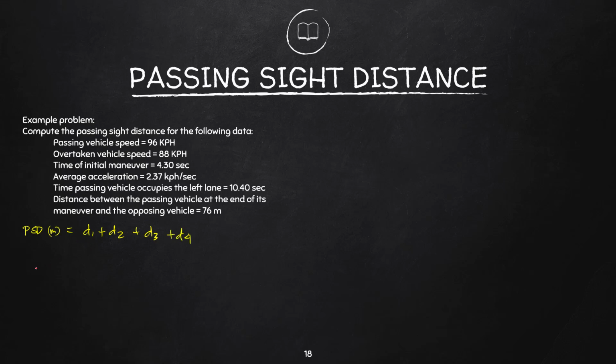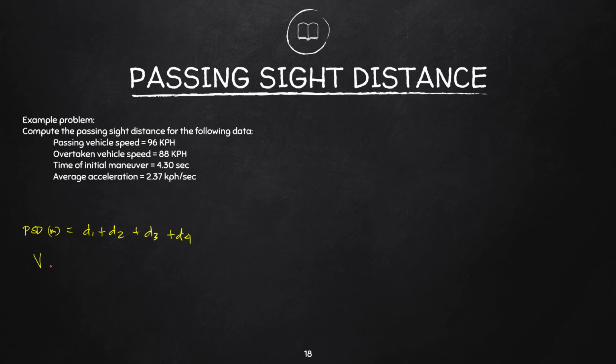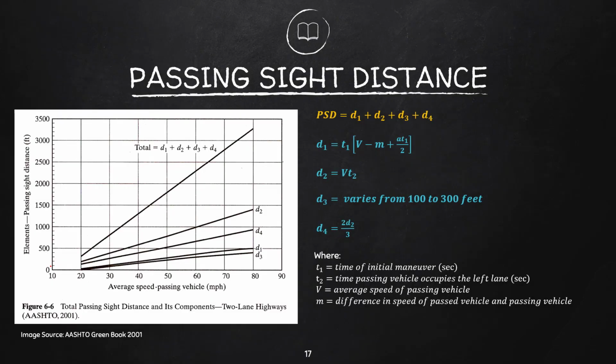And now we have your passing vehicle speed. I want to call this V. Okay, that is V. If you will go back to this portion, that is V, the average speed of the passing vehicle.